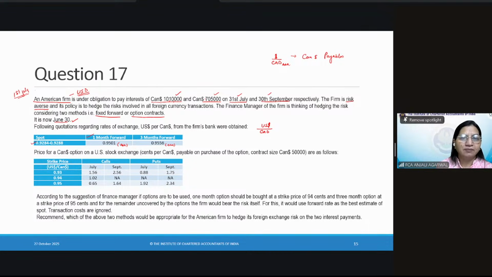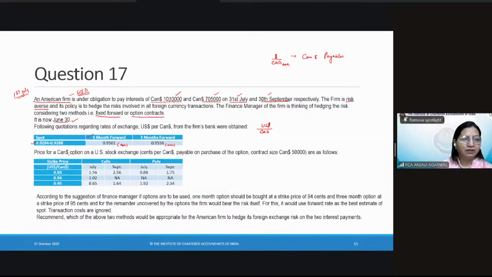Similarly, 7 lakh 5,000 into 0.9288. But the rates given to us are 1 month forward. So first step, we will calculate under the forward contract. 10 lakh 10,000 into 0.9501 is what we have to pay after 1 month. And 7 lakh 5,000 into 0.9556 is what we have to pay after 3 months.